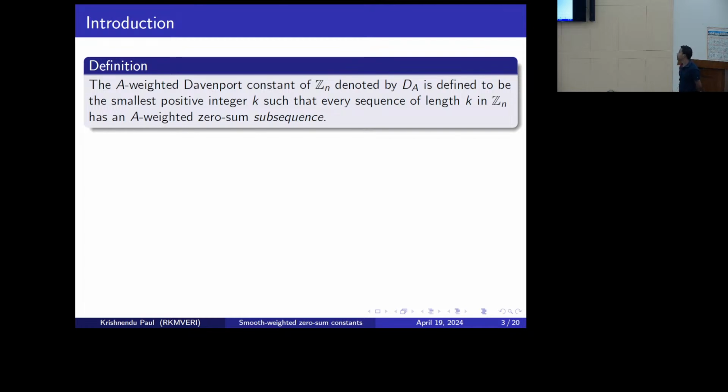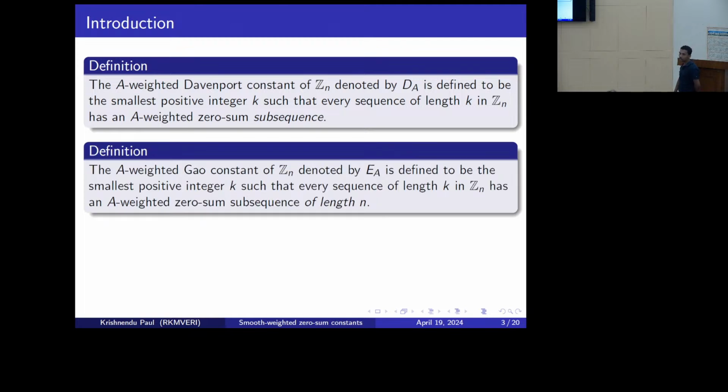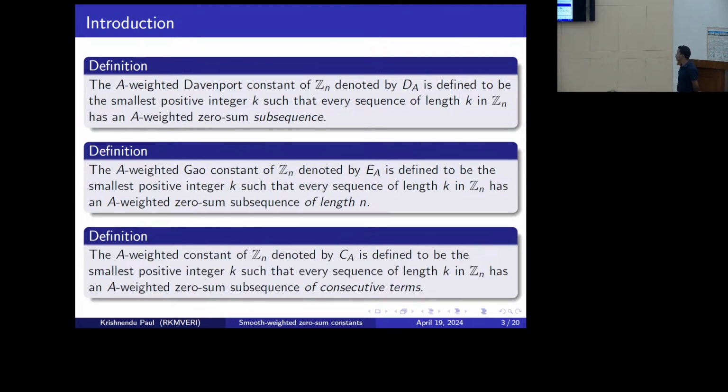The difference is that the ordinary sum is replaced by a weighted sum, where weights are from some weight set A. Similarly, two more restrictive constants are the weighted Gauss constant, which demands not only a subsequence but a subsequence of specific length n, and a constant which is quite new, which demands a zero sum subsequence of consecutive terms.